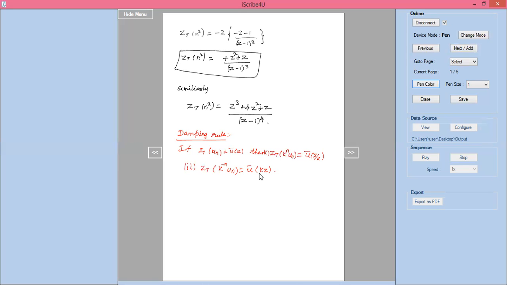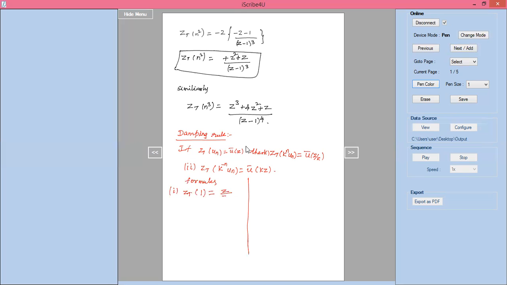So using this, whatever formulas we have simplified up to here, I will prepare one table. Here the first column should be the formula and correspondingly the damping rule result. The Z transform of 1 is Z by Z minus 1.